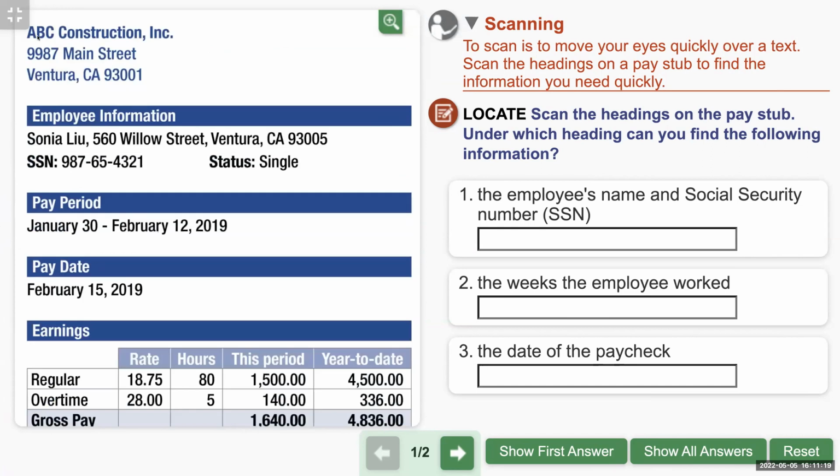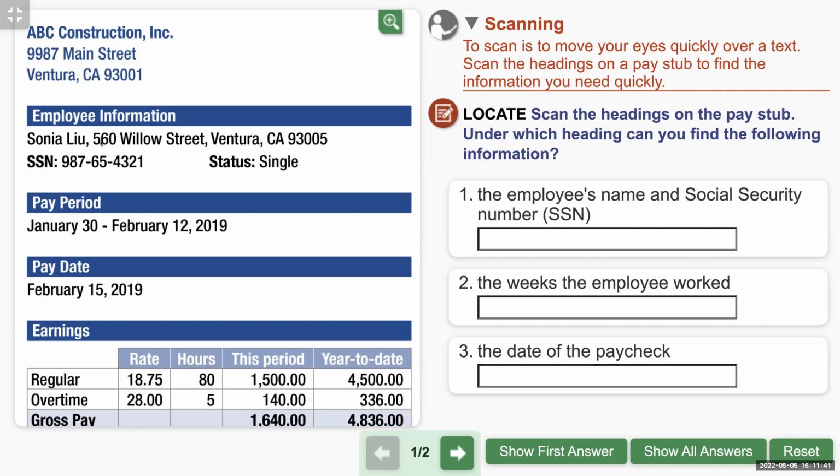So it says ABC Construction, Inc. The address 9987 Main Street, the city Ventura, state California, zip code 93001. Here's the employee information. It says Sonia Liu.